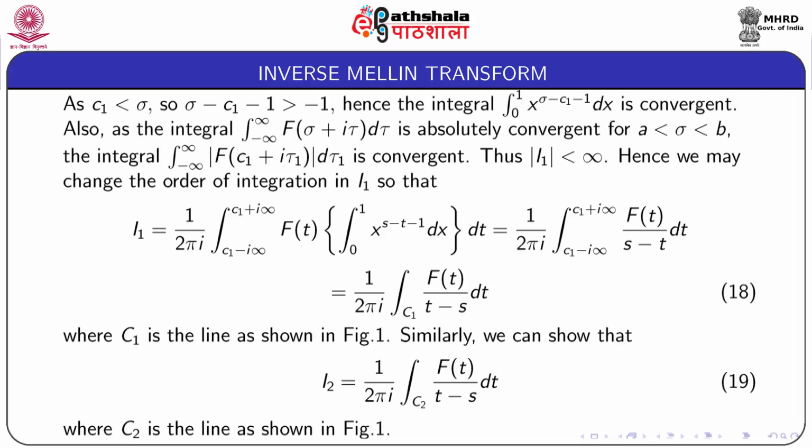In a similar manner, we can show that capital I2 is equal to 1 by 2 pi i integral over capital C2 of Ft by t minus s dt as given in equation 19, where C2 is the line as shown in figure 1.